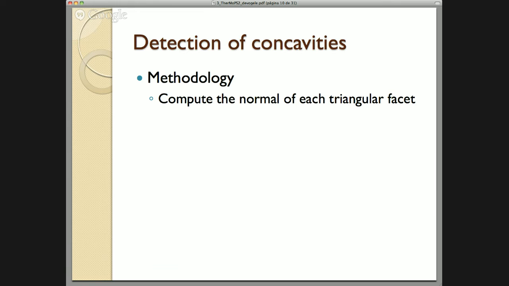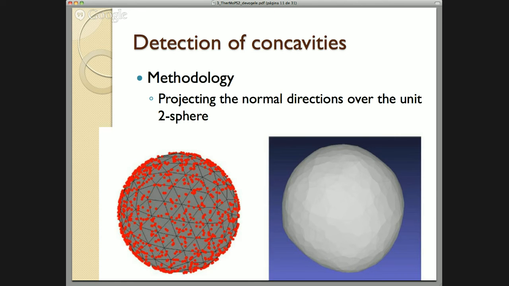First, we compute the normal of each triangular facet of the shape model that we want to analyze. Then we project the direction of the normal of each facet onto the unit sphere. Here you have an example of a convex shape model, and you can see the projection of the normal directions on the sphere with the red dots.